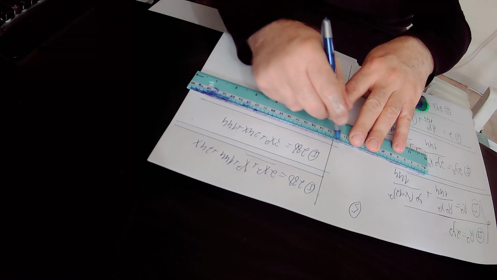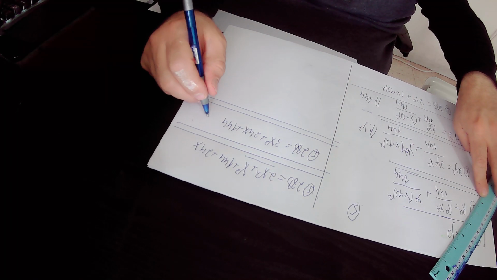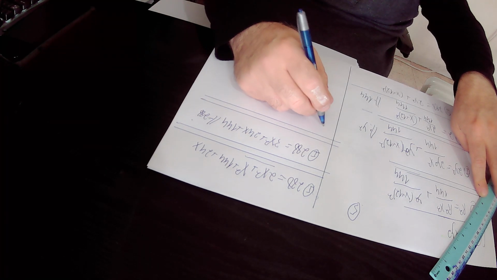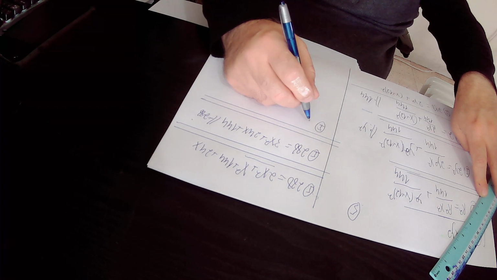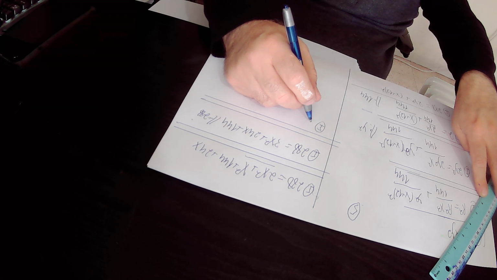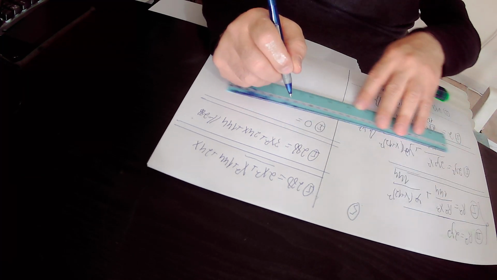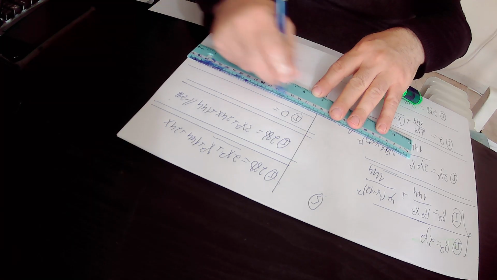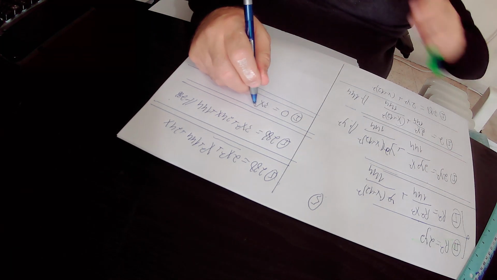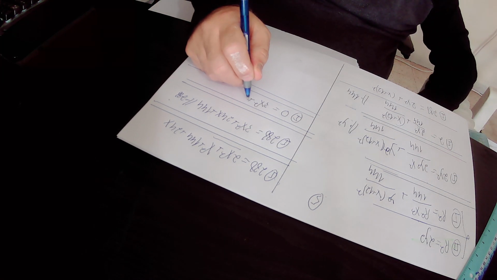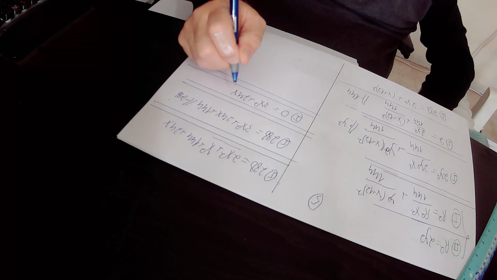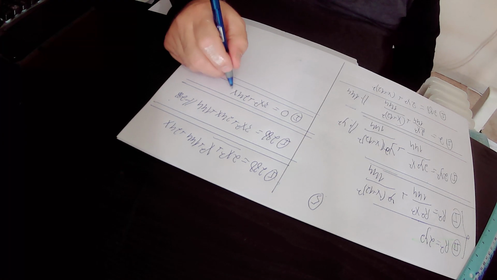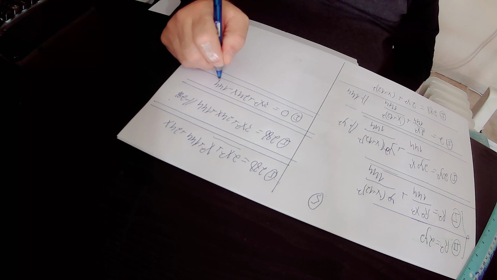Here we subtract 288 from this equation 1. We found out that here 288 minus 288 is 0, so 0 equals 3x squared plus 24x, and 144 minus 288 is minus 144.